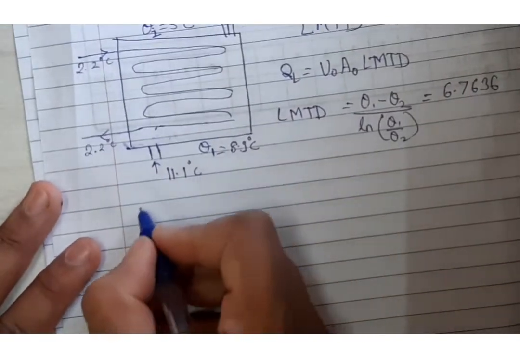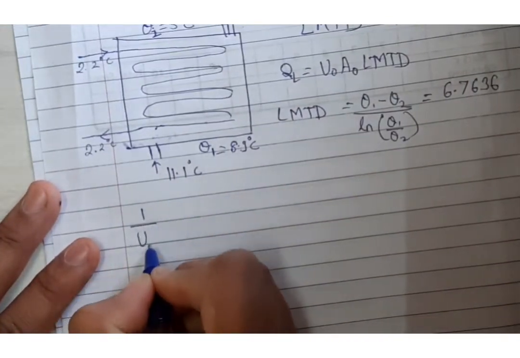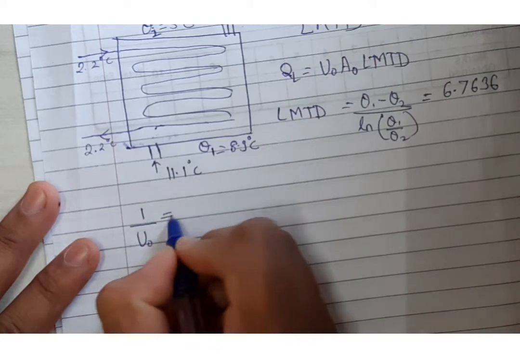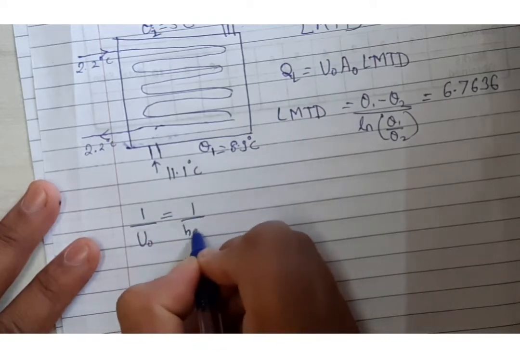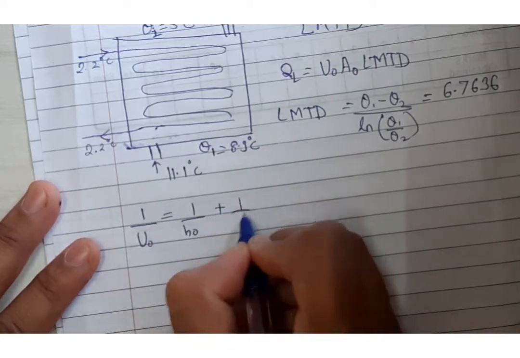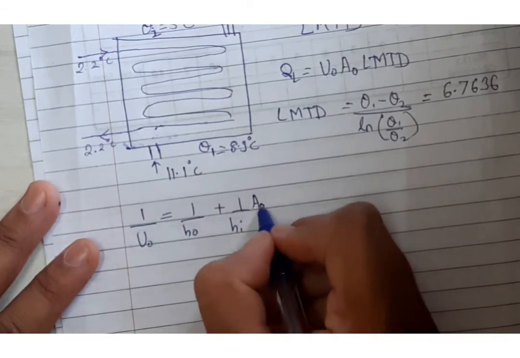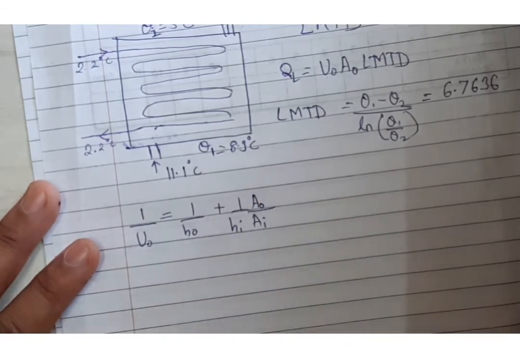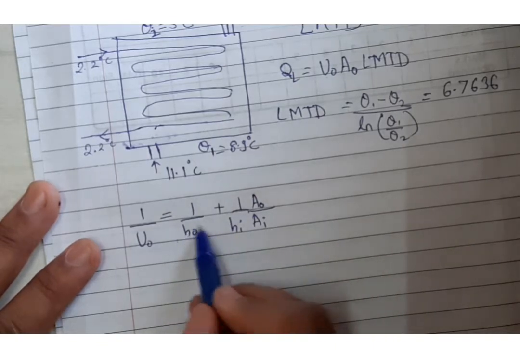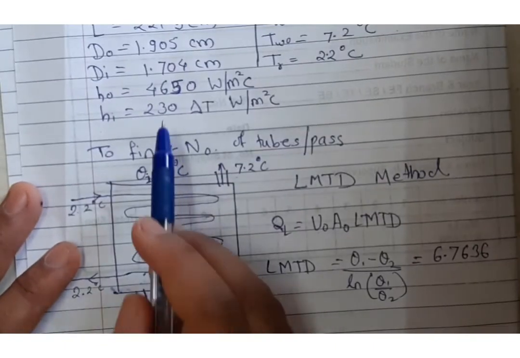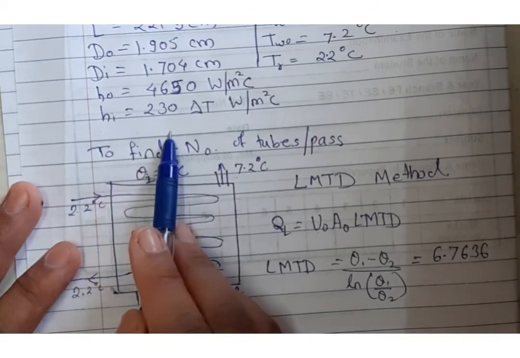UO we can find by using the formula 1 upon UO is equal to 1 upon HO plus 1 upon HI into the ratio of the areas. Now HO is given to us in the numerical itself, and for HI the relation is given.